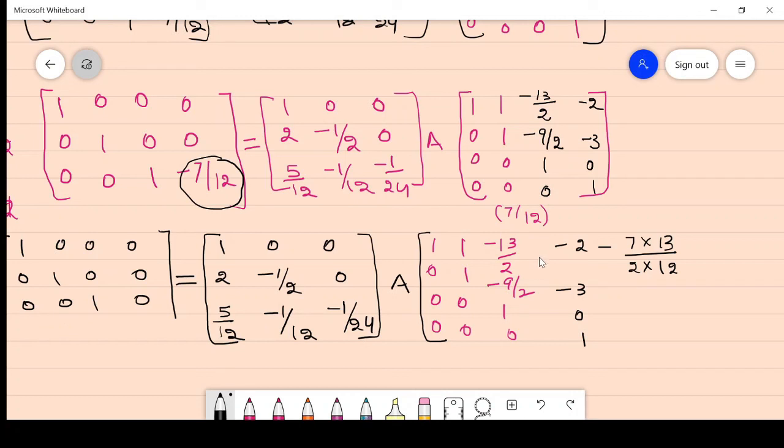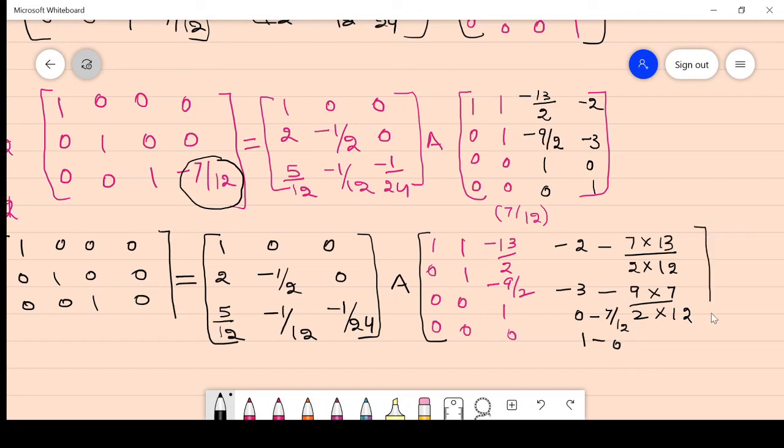Next is minus 9 into 7 over 2 into 12, and third is 0 minus 7 by 12, and fourth is 1 minus 0.